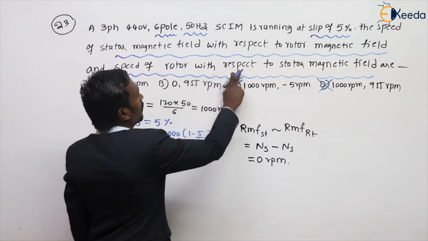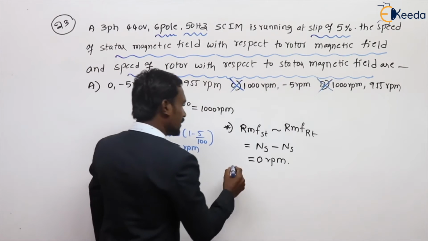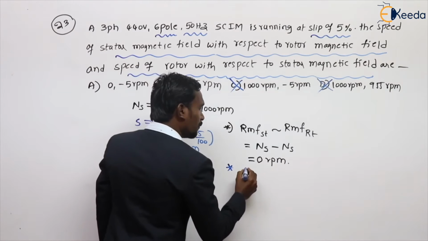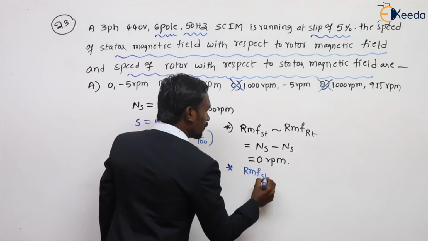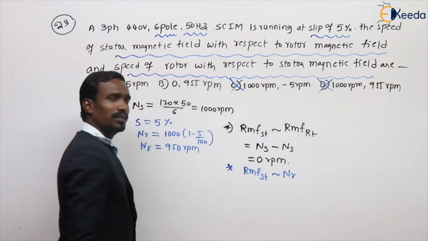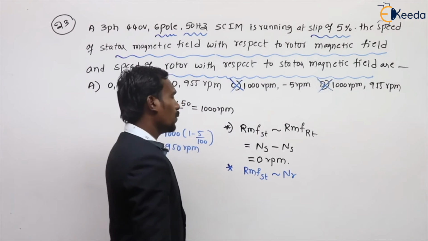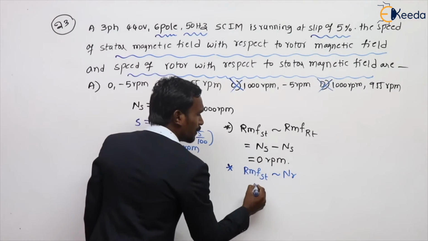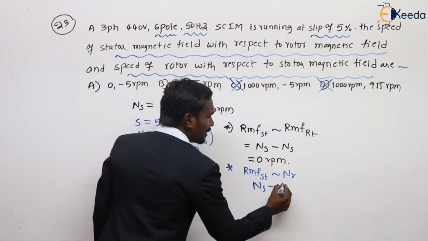Speed of rotor with respect to stator magnetic field. What did they ask? The speed of the rotor with respect to the stator magnetic field. The rotating magnetic field of the stator speed is Ns minus Nr.